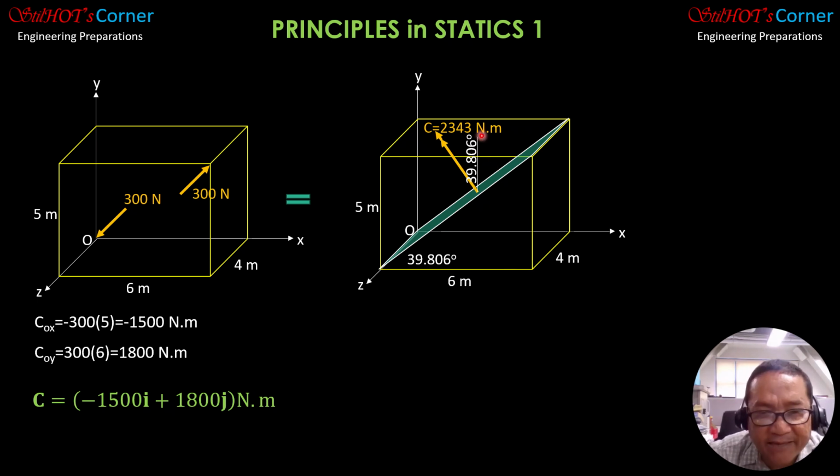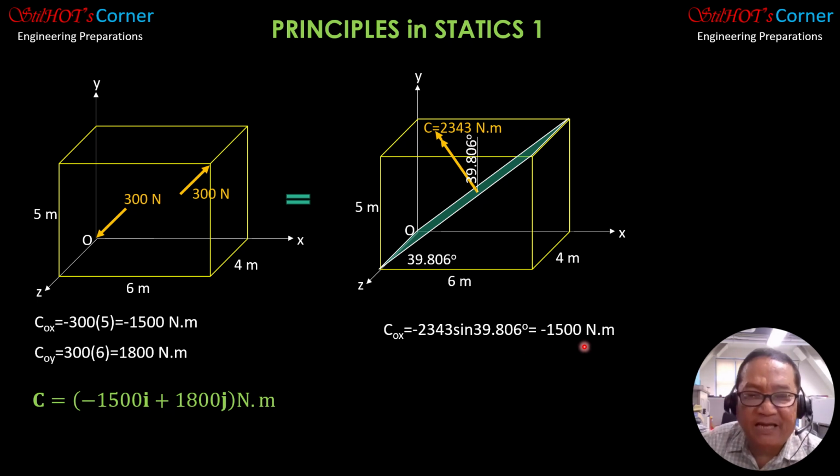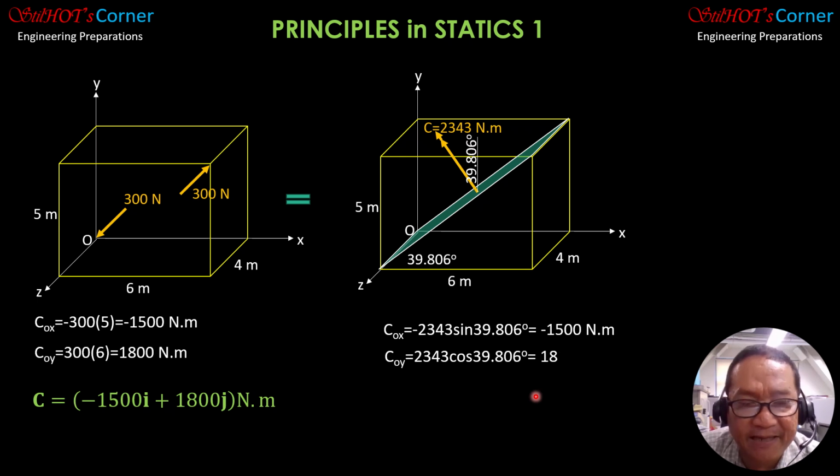So the x component is indeed negative. It is negative 2343 sine of 39.806 degrees, and that's negative 1,500 Newton meter. And the y component, C sub O y, is 2343 cosine of 39.806 degrees, and that is equal to 1,800 Newton meter.